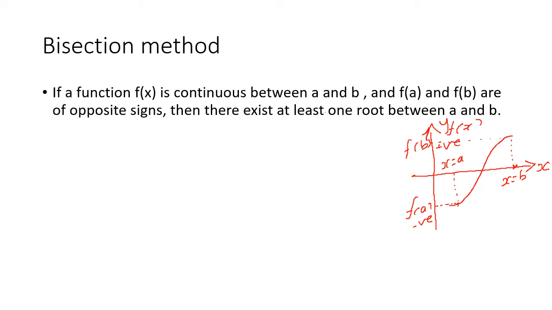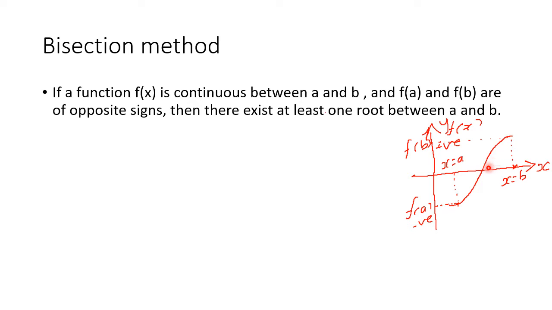Okay, so we assumed that f of x is continuous between x equal to a and x equal to b, and f of a and f of b are of opposite signs. So in that case, since f of a and f of b are of opposite sign, it must pass from negative to positive continuously.